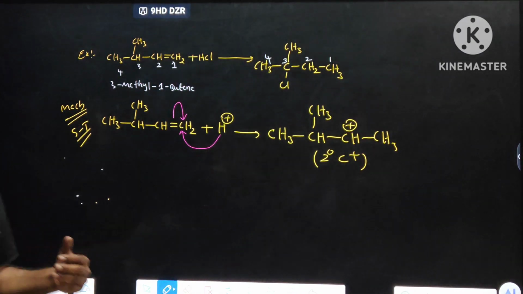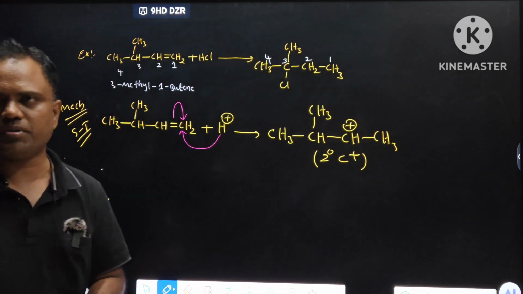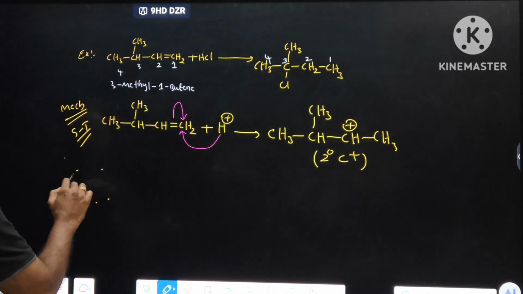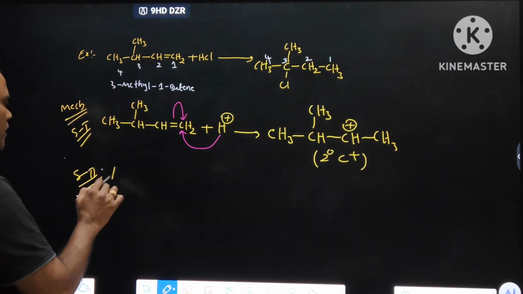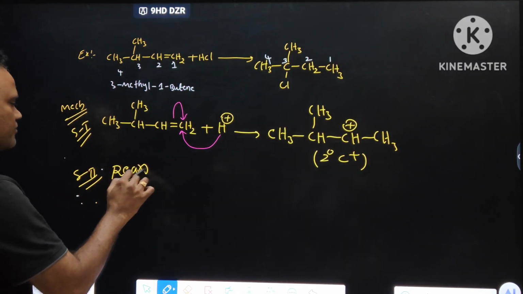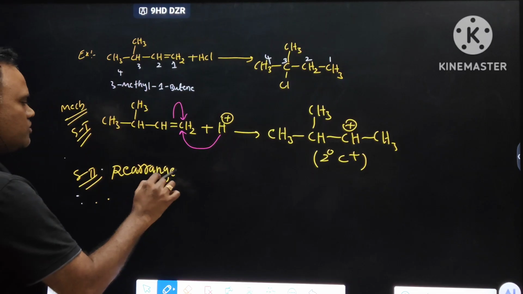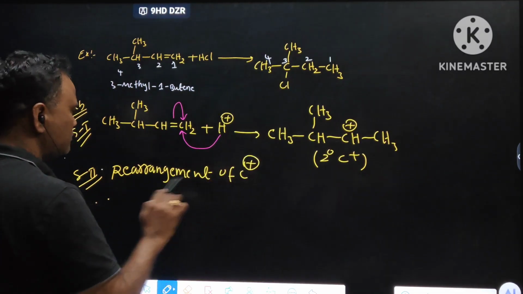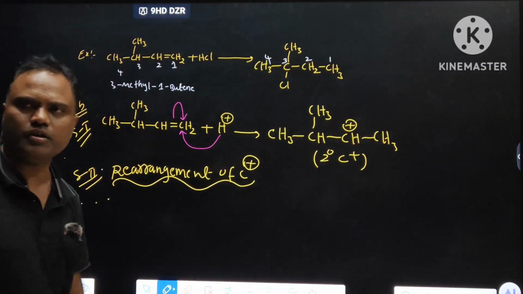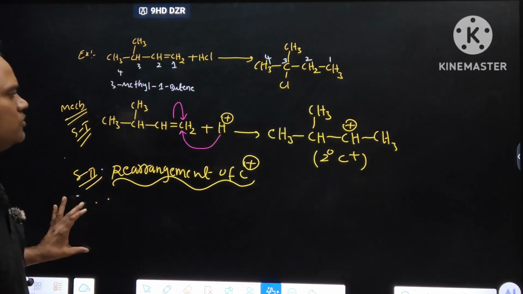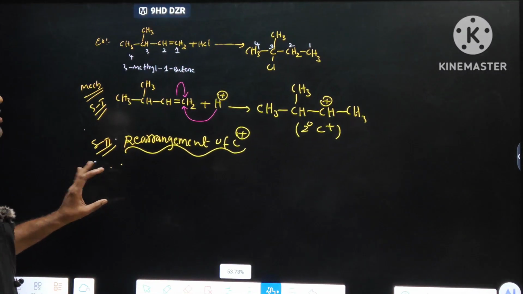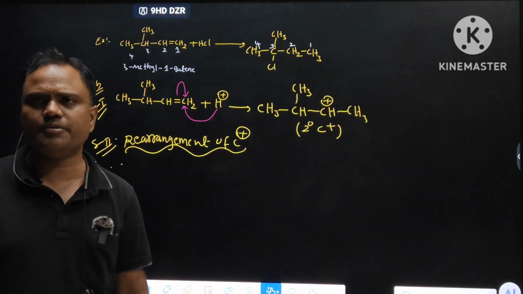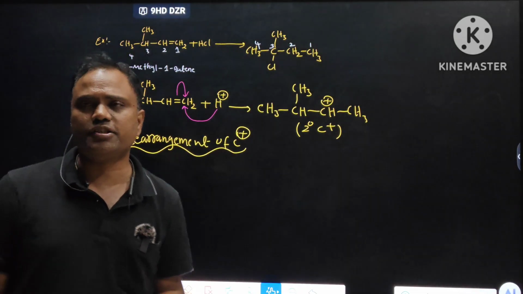Now you are learning one new phenomenon, a new step. I am including another step here, a rearrangement step: rearrangement of carbocation. I'll tell you what the meaning of rearrangement is and why rearrangement takes place.